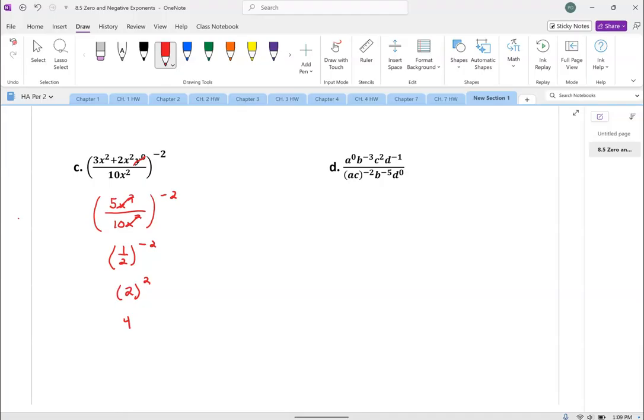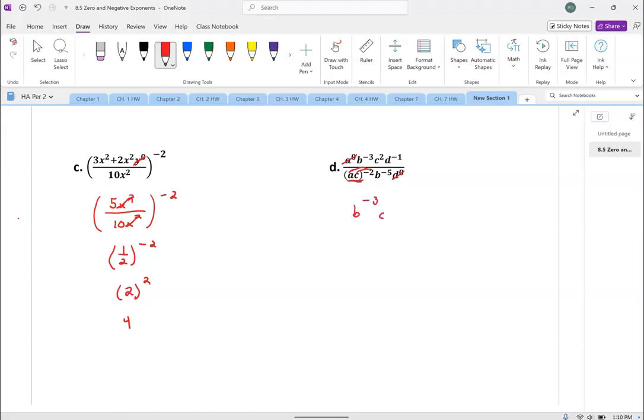A to the 0, b to the negative 3, c squared, d to the negative 1, all over the quantity ac to the negative 2, b to the negative 5, d to the 0. Again, notice I have a quantity here with factors and an exponent, so that is the power of a product. I can distribute it to both, so I've got to do that. I also have a couple of zeros here, so I'm just going to get rid of them. Don't even want to deal with it. So let's rewrite it.